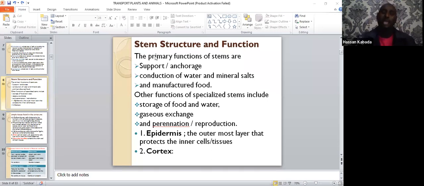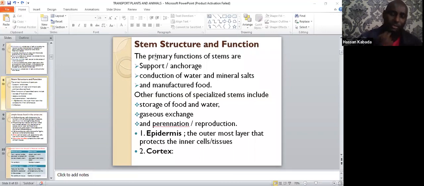So it is a support mechanism, especially the mechanical support mechanism for the plants. Without this stem, then we may not talk of that needed support for the plants.